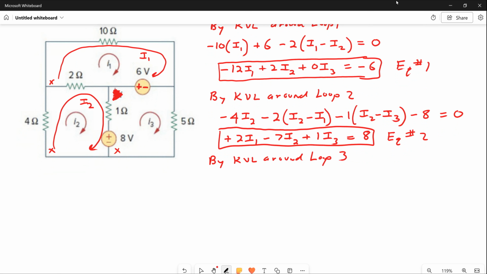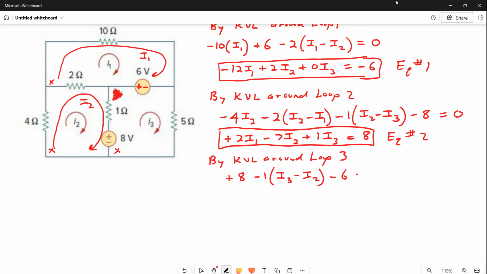Very easy. Start at the bottom left corner. +8. Resistor, -1. What's the current? I2 minus I3 minus I2, because you're in loop 3. -6, because you're going downhill. That's 6 volts. You're going from plus to minus. -6.